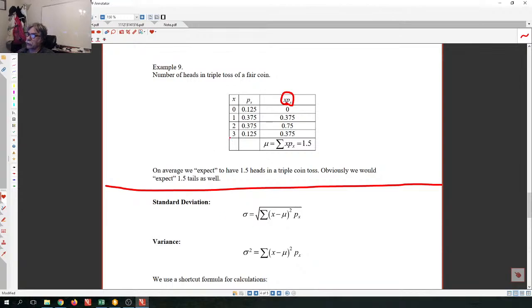And most often you get one or two heads, right? 37.5% of the time you get one, 37.5% of the time you get two. So basically 75% of the time you either get one head or two heads if you flip the fair coin three times. But there is also a 25% chance that you're going to get either 0 or 3. So there is some variation. Now this could be a bigger variation or a smaller variation. So the random variable has its variation.